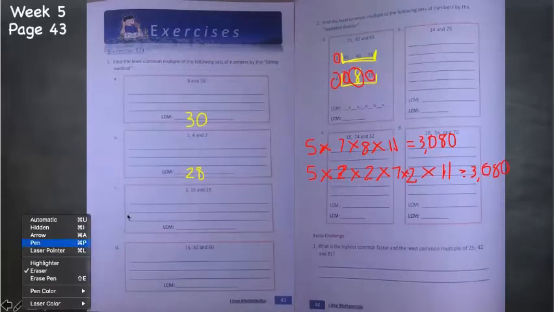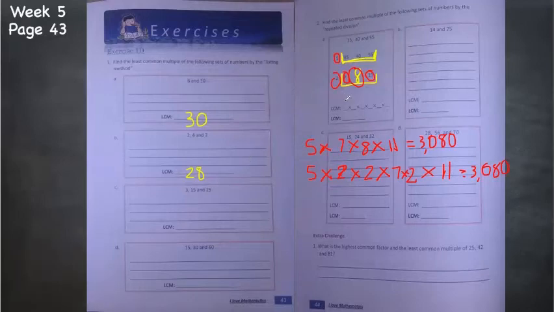So let's write it down, everyone. Please write it down in your books. This is 5, 2, 2, 7, 2, 11, and then the LCM is 3080. Please write that down in your book.